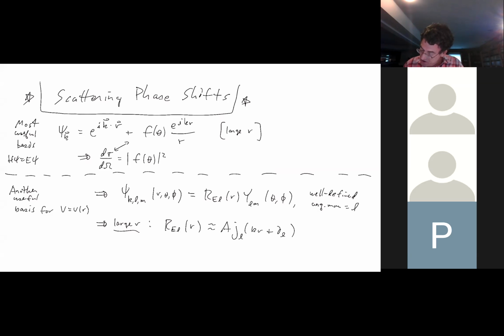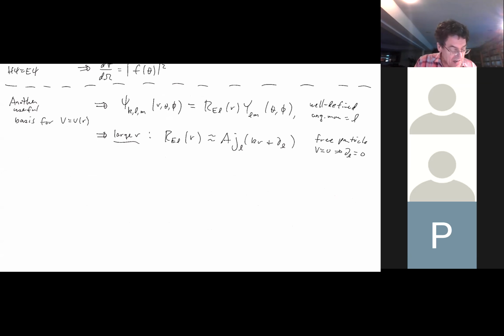We remember that for a perfectly free particle, where there's no potential, the phase shifts are 0. But if I have a potential, I just want you to see the picture.